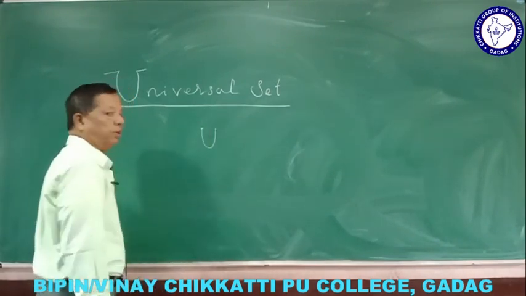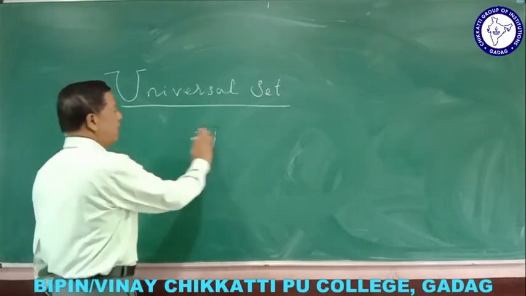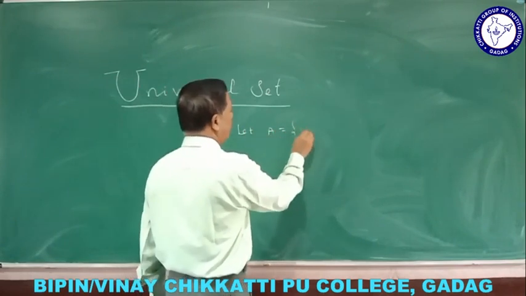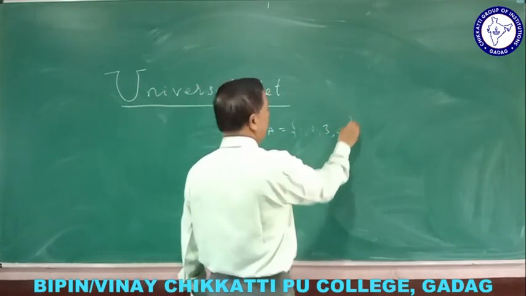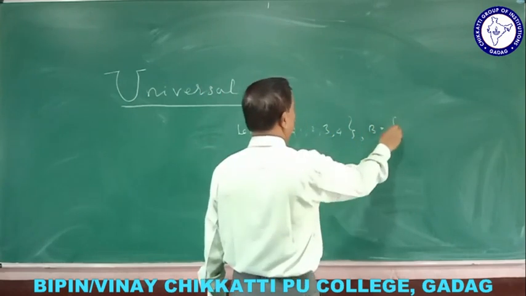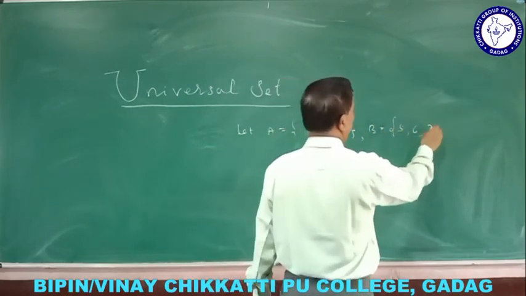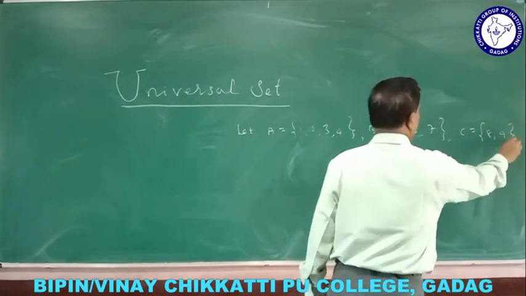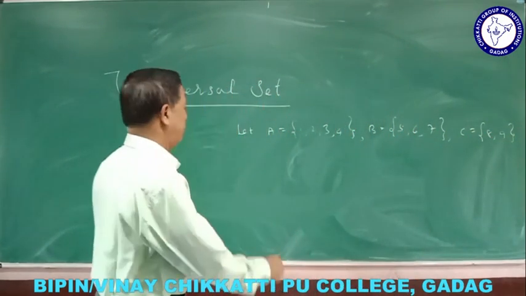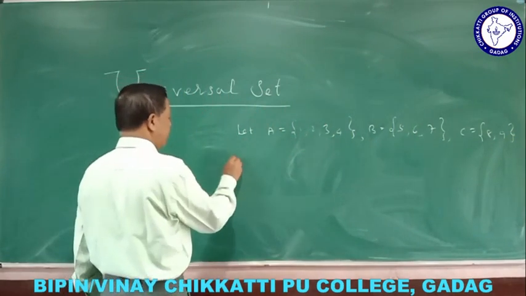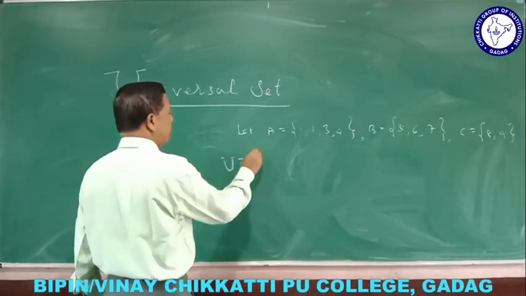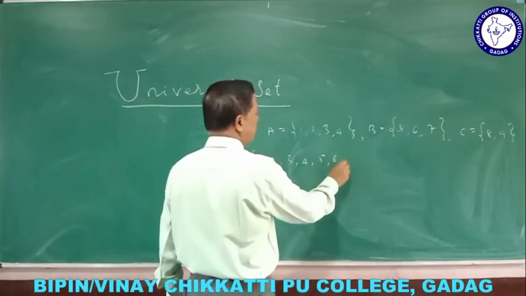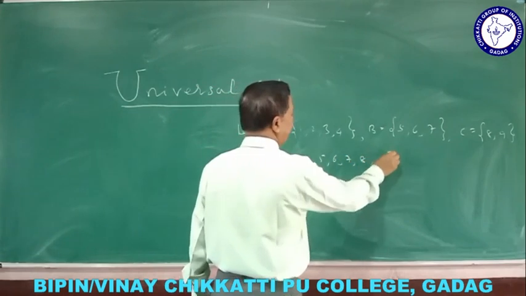This is the universal set. With an example, suppose A is equal to {1, 2, 3, 4}, B is equal to {5, 6, 7} and C is equal to {8, 9}. These are the sets. The universal set is denoted by U, and this must be {1, 2, 3, 4, 5, 6, 7, 8, 9}.